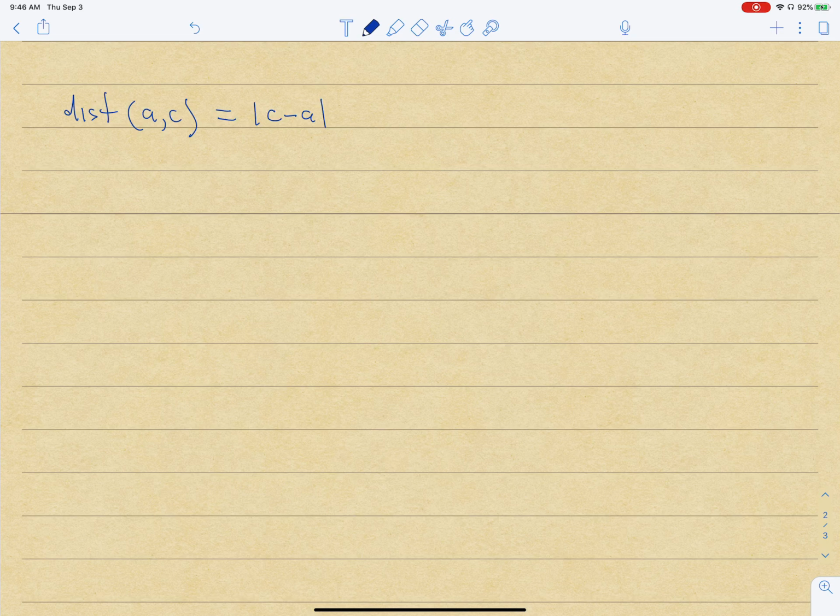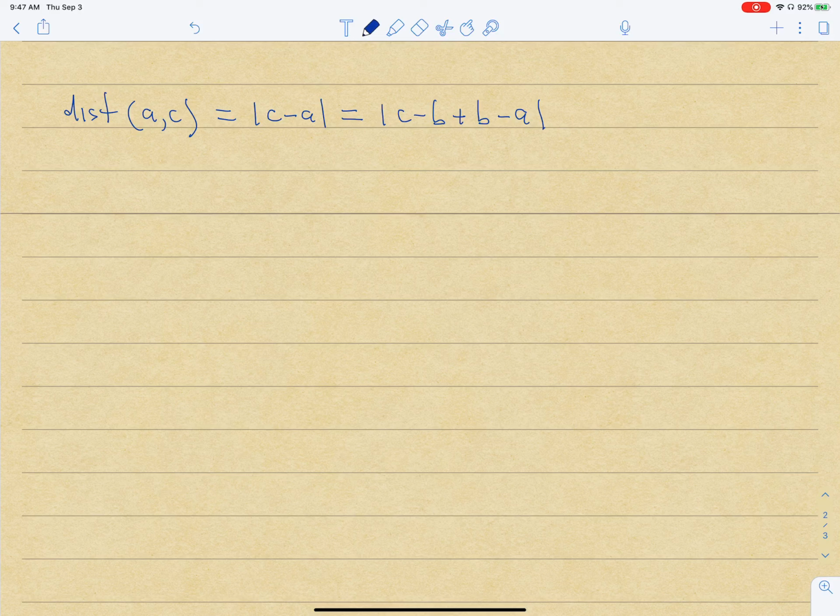Well, so if it is equal to absolute value of C minus A, then given some third number B, what I can do is subtract B, add B, keep A where it was, right? So that obviously doesn't change anything.